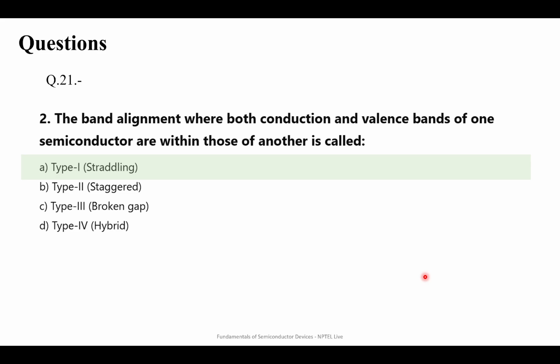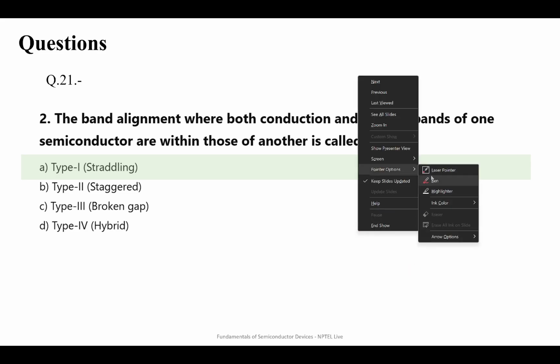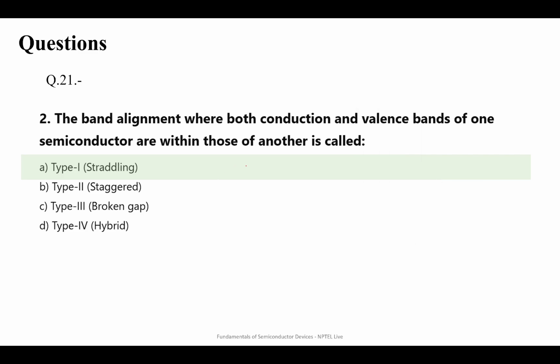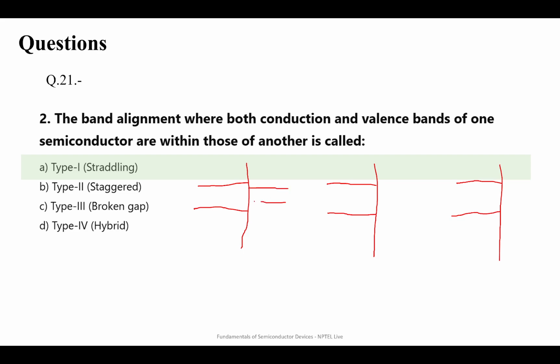Let me draw. So let's say this is your heterojunction, and this is the conduction and valence band of one, and then the second material, if it's like this, or it can be like this.